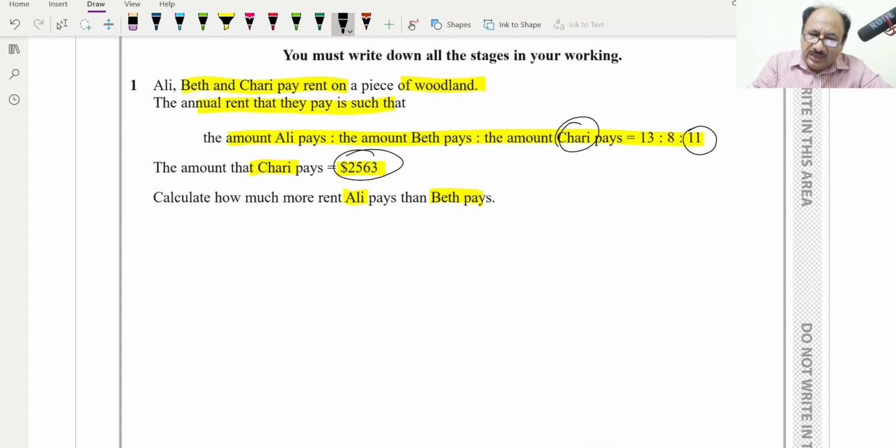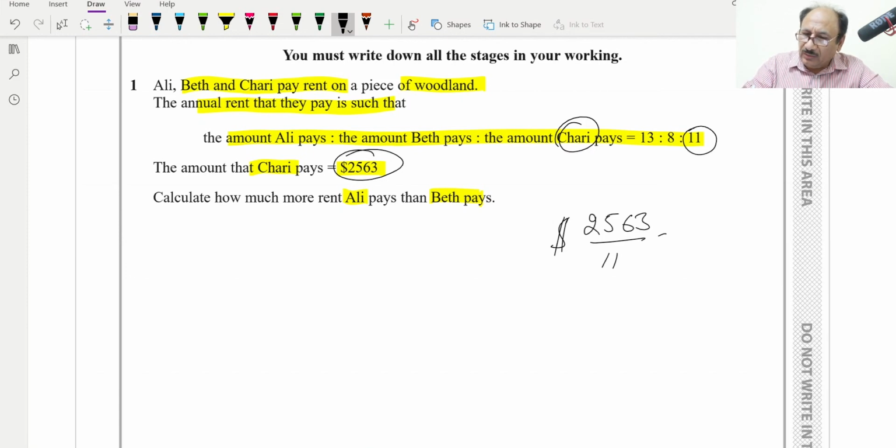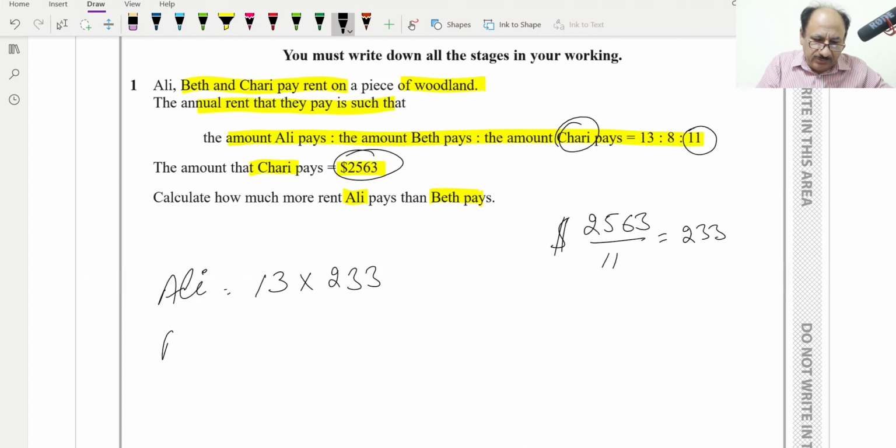So it means the 11th portion, if we calculate it of this amount, this is in dollars, it will be this over 11, which is equal to 233. So for each one of these, like for Ali, we can multiply Ali's ratio by 233, and similarly the other person is Beth.